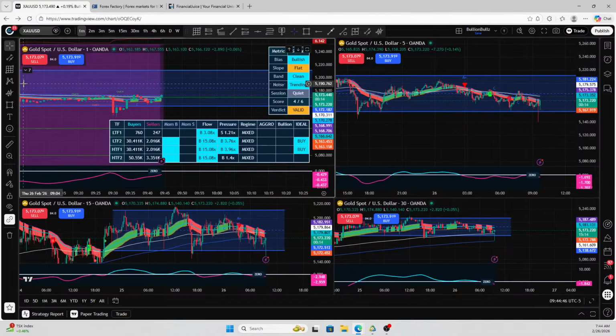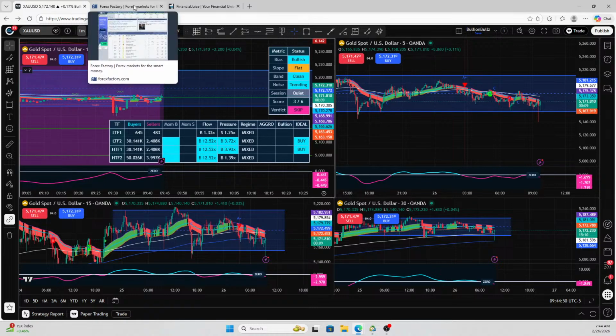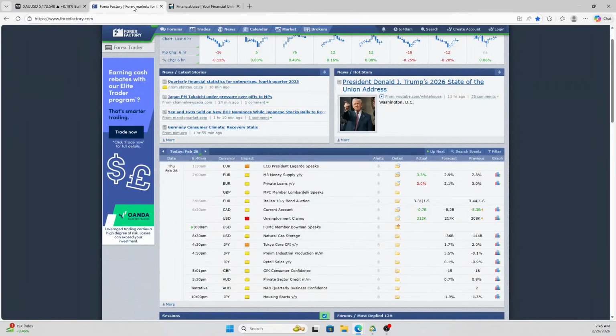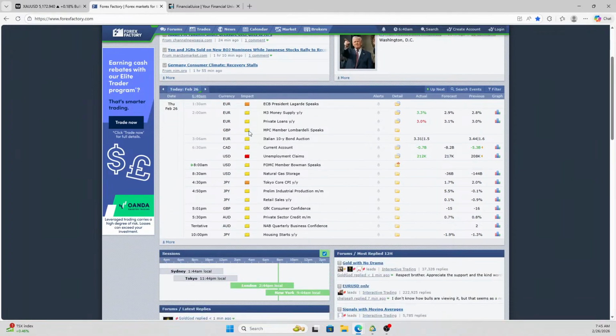And this messy price action that you see is because of the Iran and US talks. Another thing I want you guys to build a habit of is actually looking at Forex Factory. It helps you understand the type of news that is there in the market, and then you can assess the amount of volatility there will be.